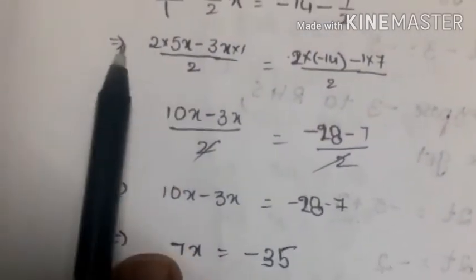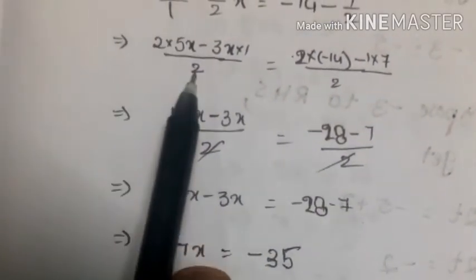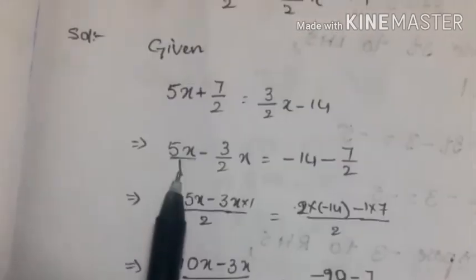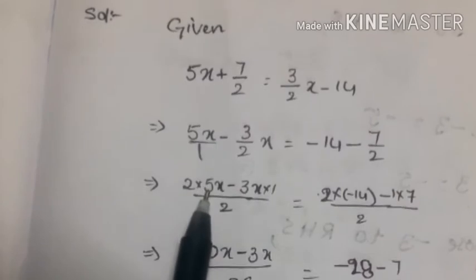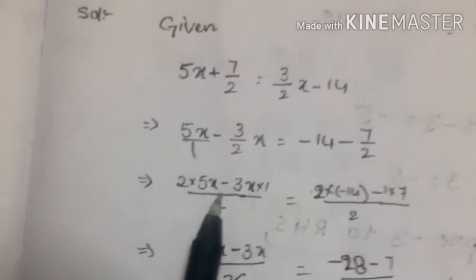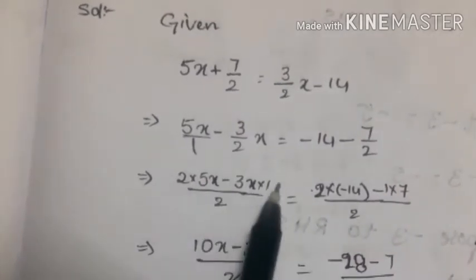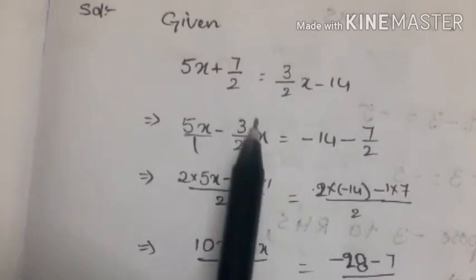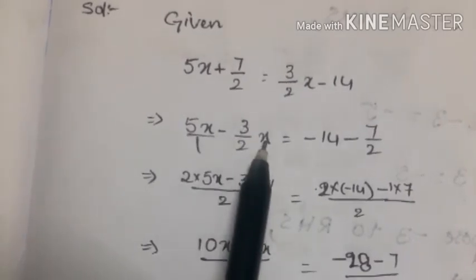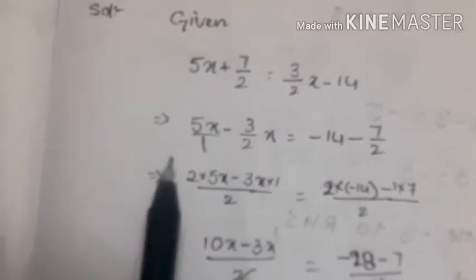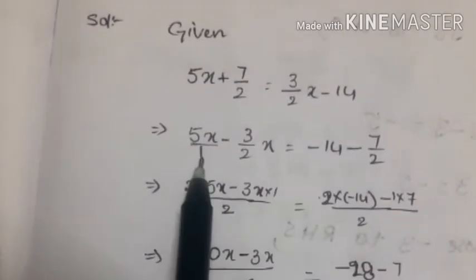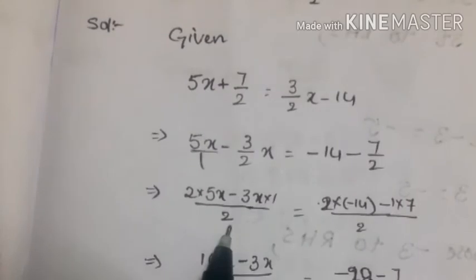So by 2, into 1, how many times will you get 2? 1 twos are 2, into what is the numerator? That is 5x, minus 2, how many times 2? 1 time, into what is the numerator? 3 into x, that is 3x. Again I am explaining. First of all take the LCM of 1 and 2, that is 2.